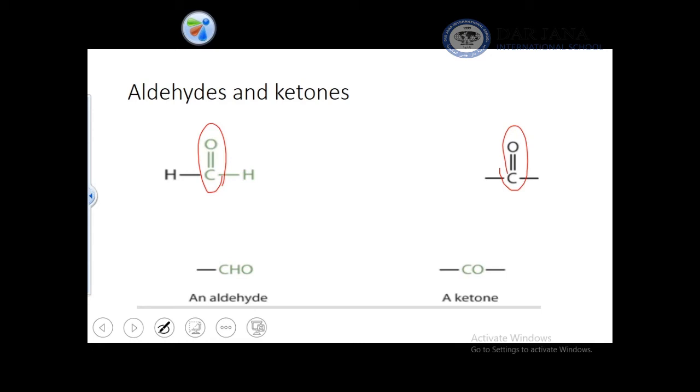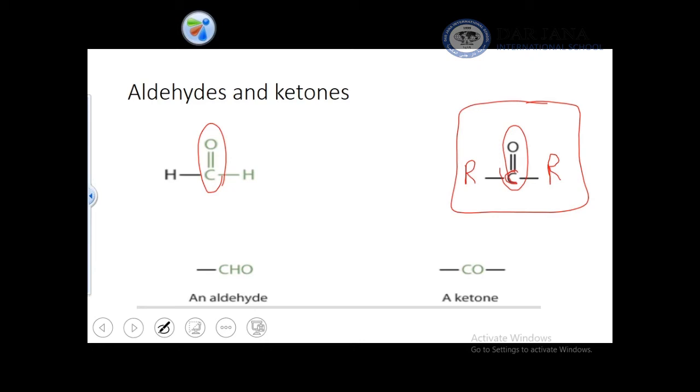In a ketone, as you can see here, two carbon groups are attached to the carbonyl carbon atom.